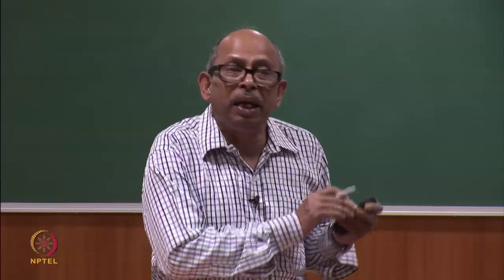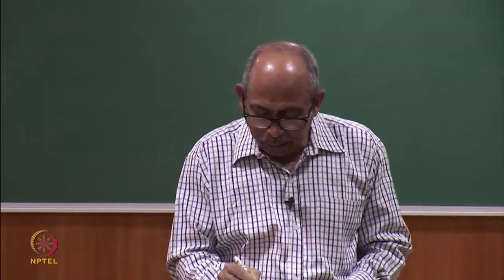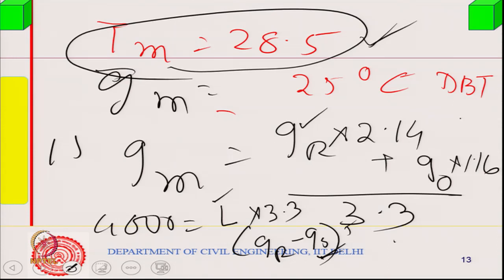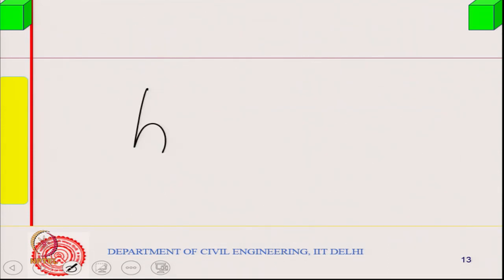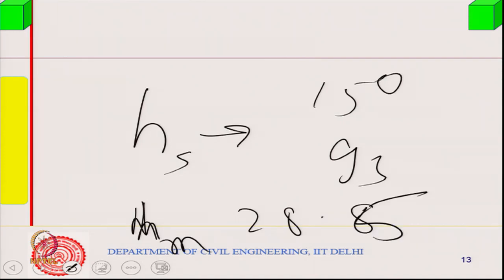If it is at 15 degree, I can calculate the specific enthalpy of supply air corresponding to 15 degree and Gs. And H corresponding to the mixture, that I can calculate because it is at 28.5 and G of the mixture is known to me.